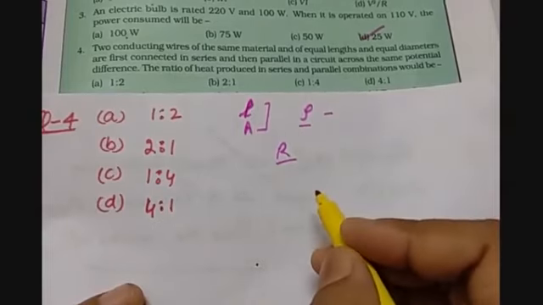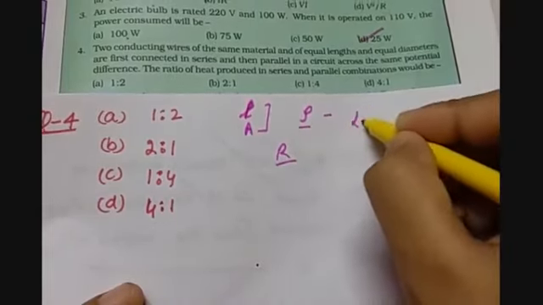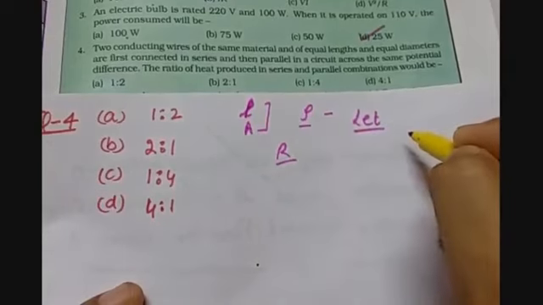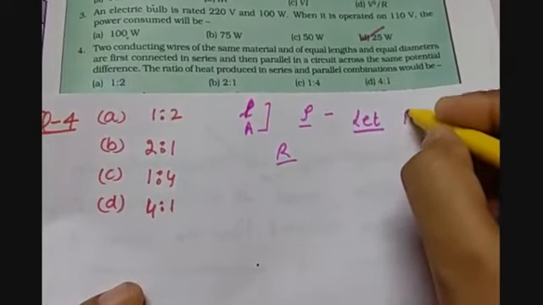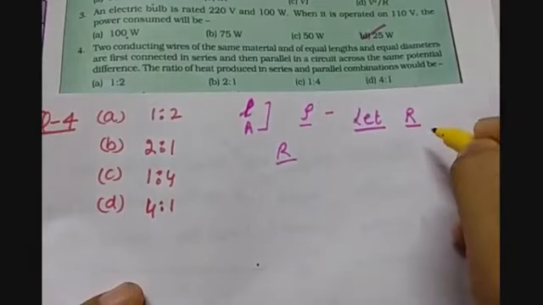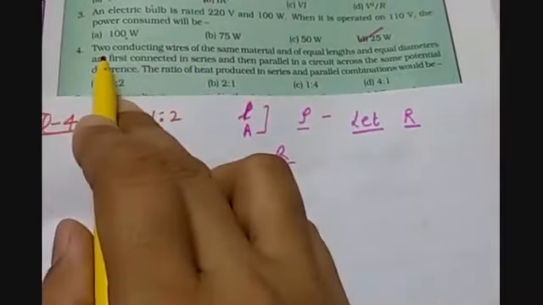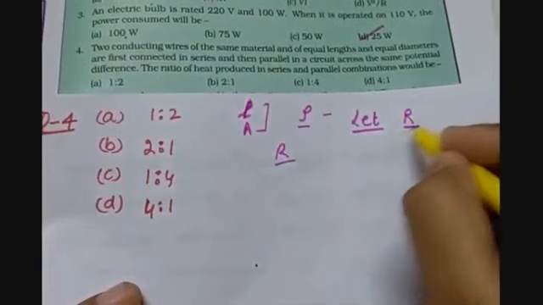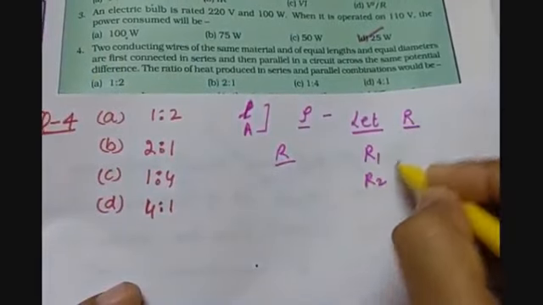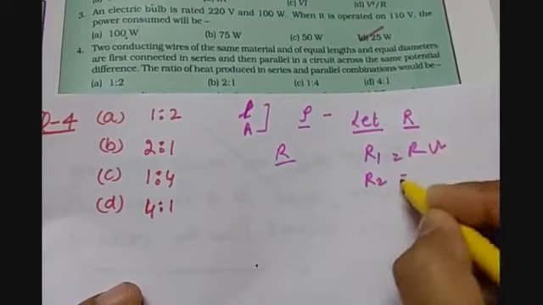So let the resistance of each wire be R. Here we are having two wires, so for each, R1 and R2, we have a resistance of R ohm.